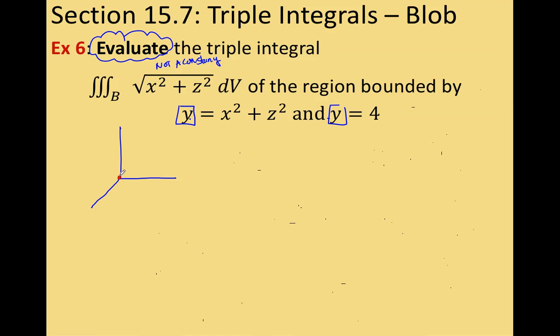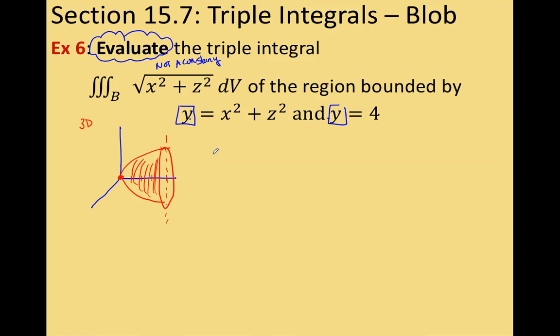You know what that is? That's a paraboloid. And what's this? Y equals 4? There's a plane there stopping the paraboloid. So I'm finding the volume of that. There's my 3D sketch.